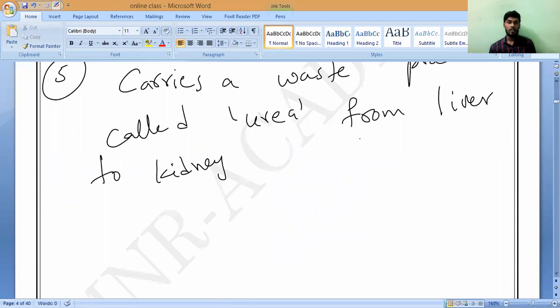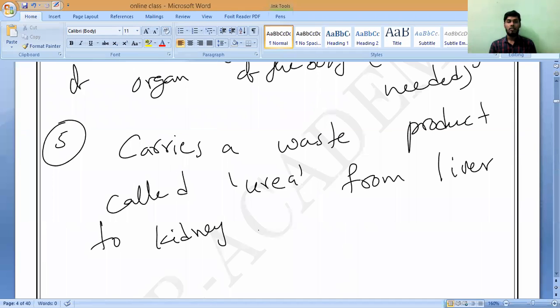For what purpose? For excretion in urine, from liver to kidneys for excretion in urine. That is it.